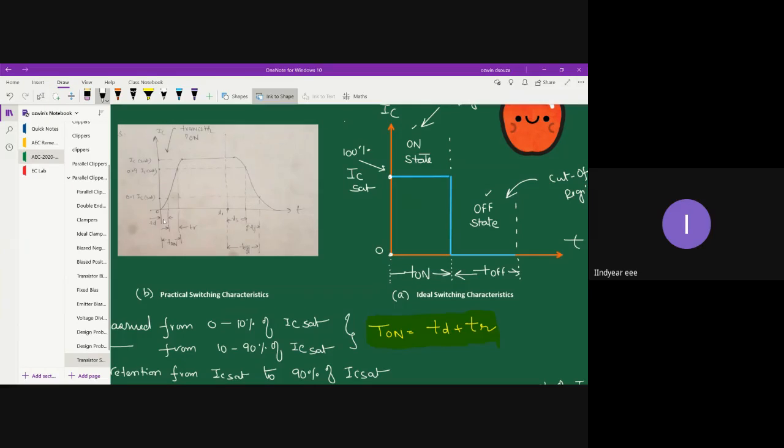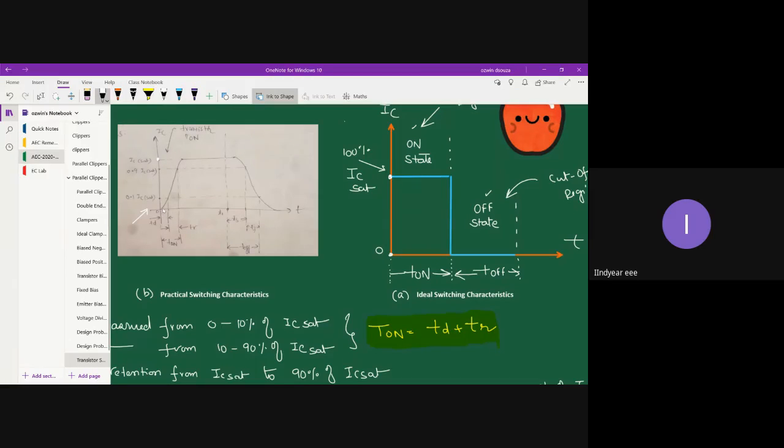On the other hand, if you go to practical switching, with the devices which are available practically, the moment the switching is initiated at t equal to 0, you can observe that the collector current IC doesn't rise to the IC saturation value instantly.